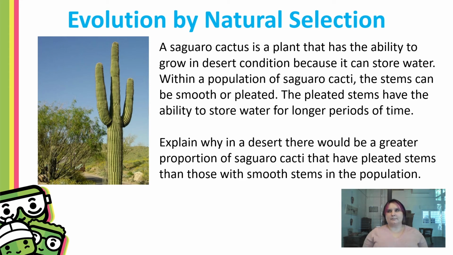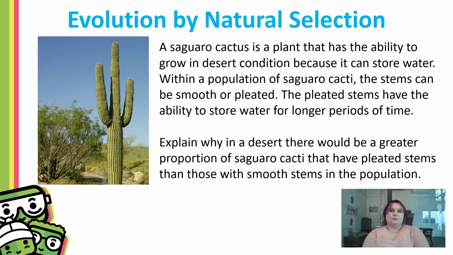And this happens by this process of natural selection, where certain genetic characteristics give a particular individual an advantage to survive in a particular environment. If we have a look at the picture on the screen, that would be a cactus that has the pleated stem. And the pleated stem is able to store more water than those individuals that have the smooth stem.